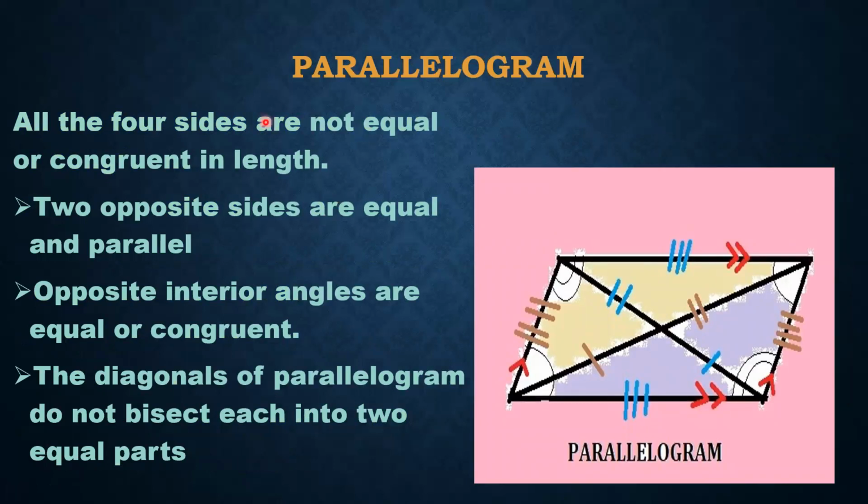Now we are going to talk about the parallelogram. When you say parallelogram here, all four sides are not equal. Looking at the parallelogram here, all four sides are not equal because it looks like a rectangle, okay?